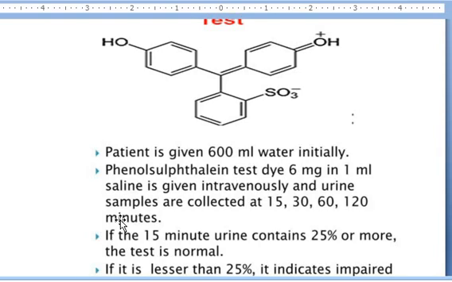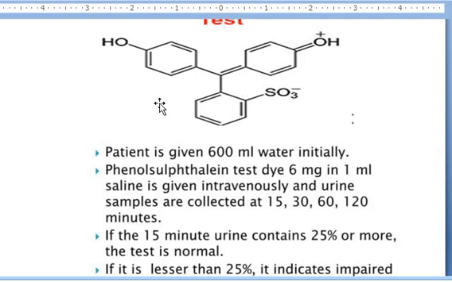The last test we are going to discuss is the phenol sulfonphthalein test. A commercially available dye has to be administered to a person, that is the patient. This dye is also an external substance. Inulin and PSP dye, these two are externally administered to the patient, and the amount of this dye present in the urine sample will be estimated, and similarly the concentration of the dye in the plasma sample will also be calculated.